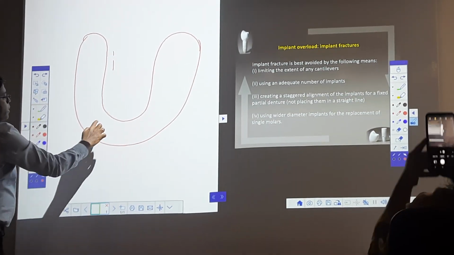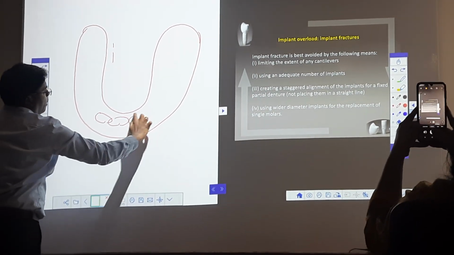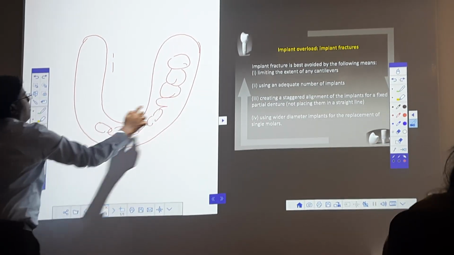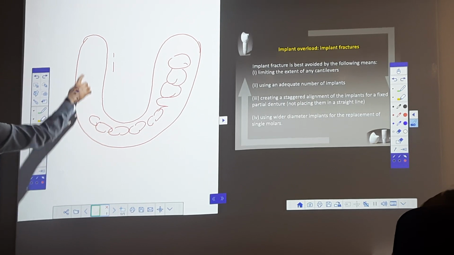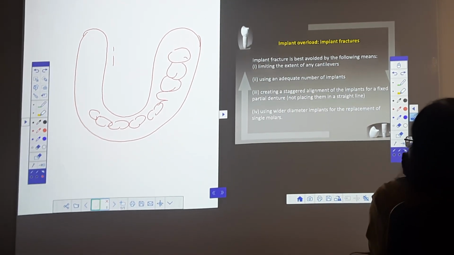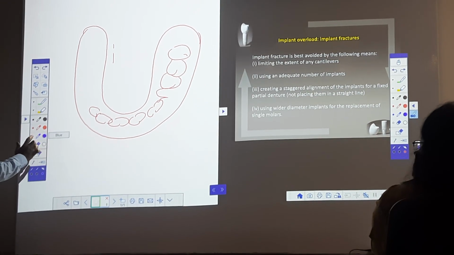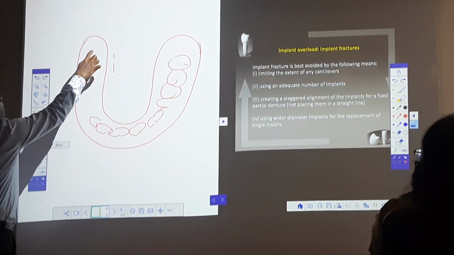From here all teeth are there, and you wanted to replace this quadrant, suppose. And you have planned for, suppose, 3 implants, whatever it is.